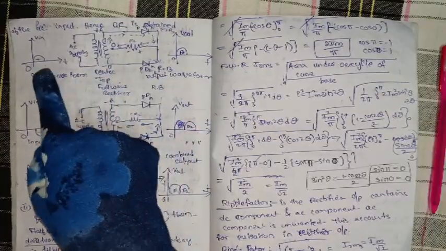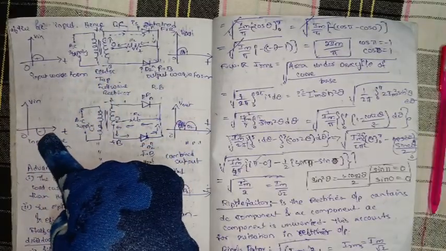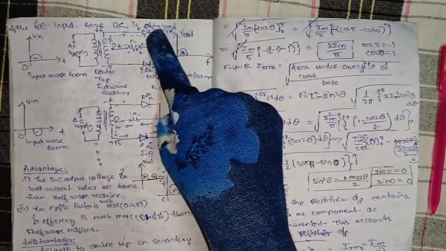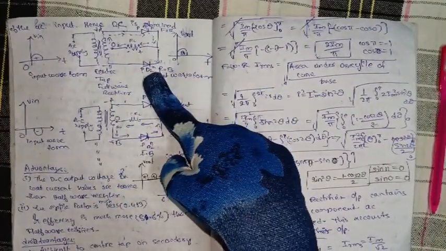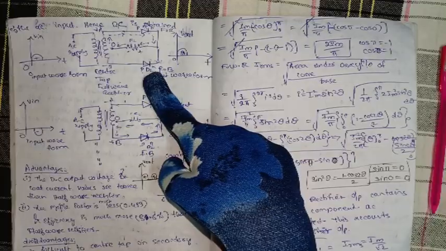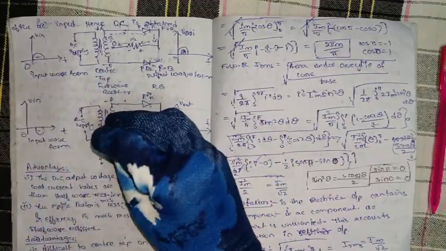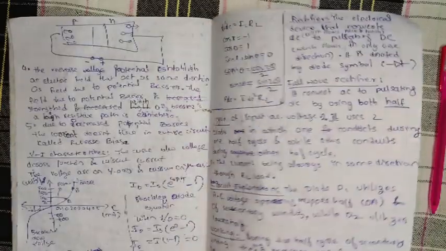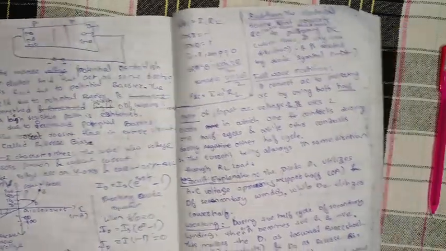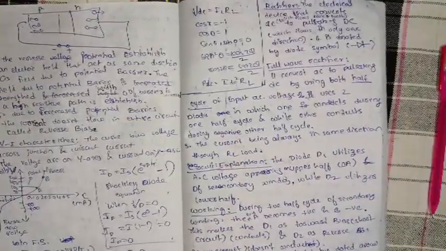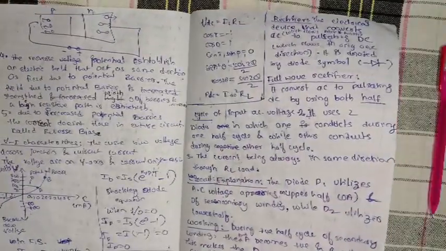For the positive half cycle and negative half cycle, I have drawn separate diagrams. So here the D1 diode is there and the D2 diode is there. In the definition we have seen that one conducts during one half cycle and the other during the other half cycle.